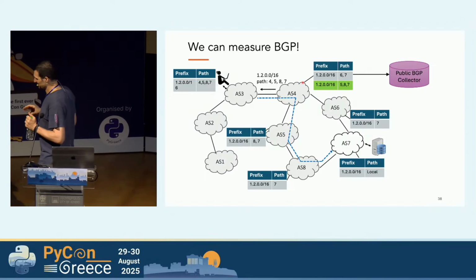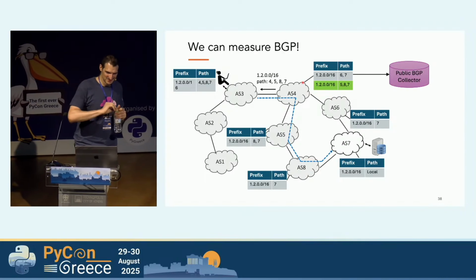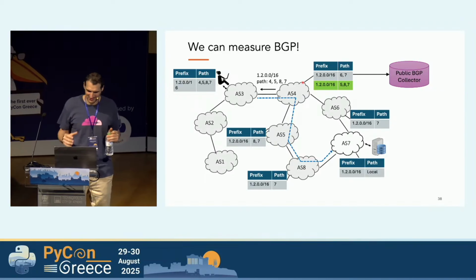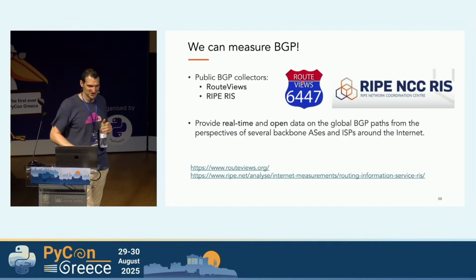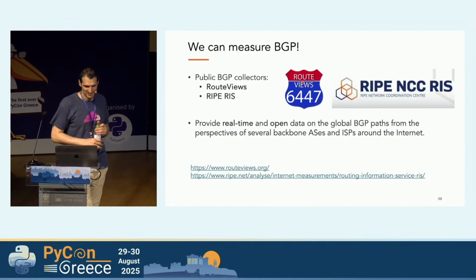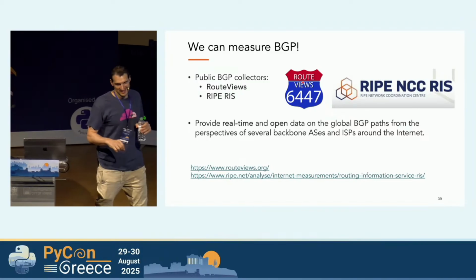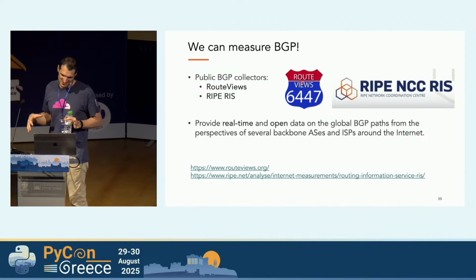This policy did something different than what they expected. So they said, OK, let's make these routes public so that we can look at each other's routes and figure out what's wrong. And we can do that too. There are two major projects that collect those BGP paths, RouteViews and RIPE RIS, and they provide real-time access to the BGP tables of backbone autonomous systems, which is really cool.